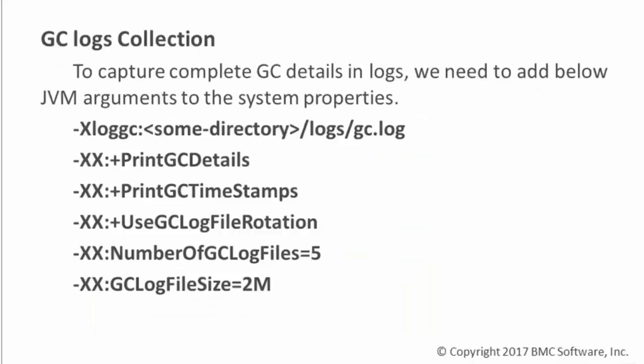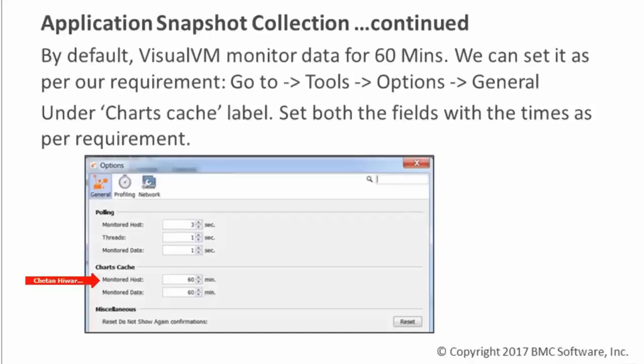Again, a point to be noted for the application snapshot is, if you are capturing an application snapshot on one JDK version and then sharing it with someone else who is going to analyze it, and that person is not using the Visual VM instance from the same JDK version, then the data may be shown inconsistently.